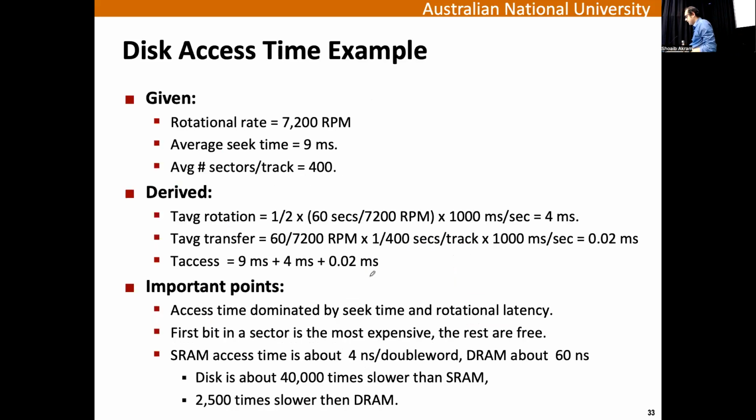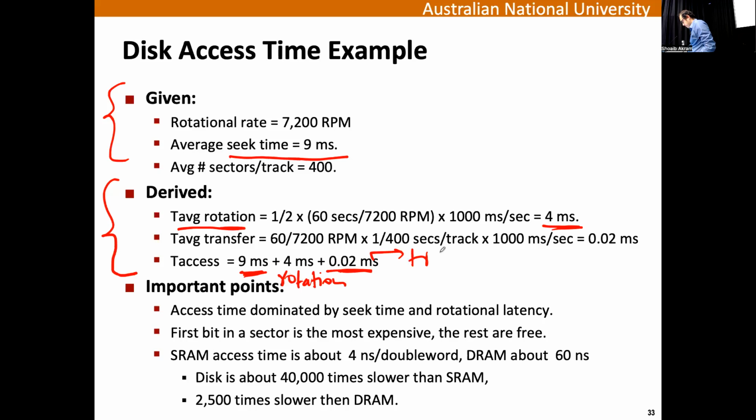So this is a typical example. If we give you all this, you should be able to use the formula to calculate the access times. So the seek time here is 9 milliseconds, 4 milliseconds is the rotation, and the actual transfer time is 0.02 millisecond.